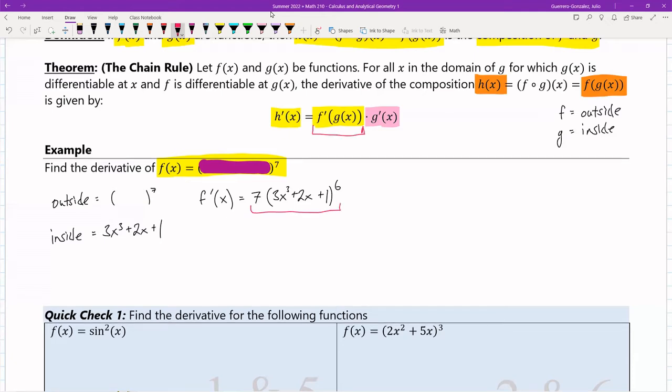Now we get to do the next bit, which means we need to take the derivative of the inside, the 3x cubed plus 2x plus 1, and for that we use our good old shortcuts from section 3.3. That's going to be 9x squared plus 2. And we are done.